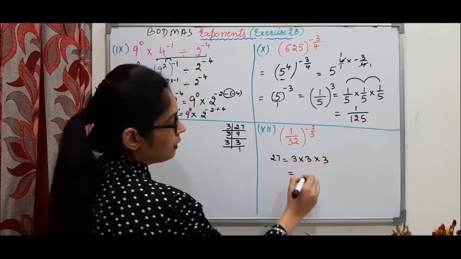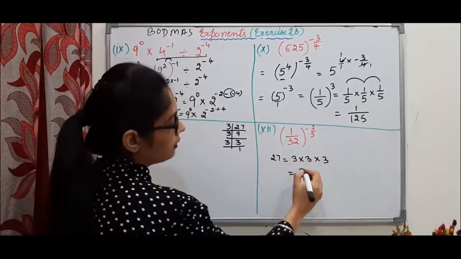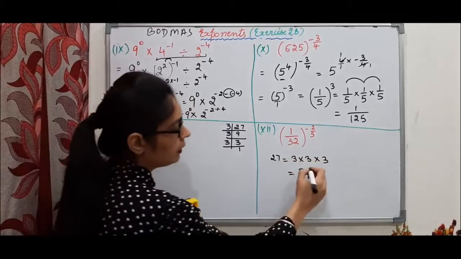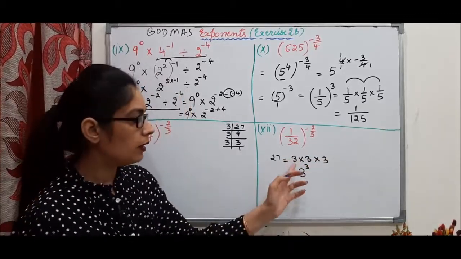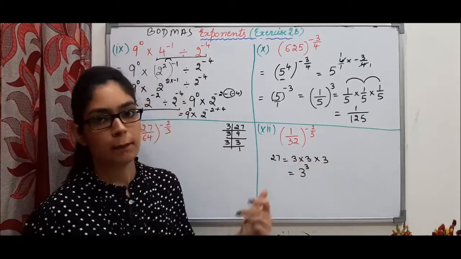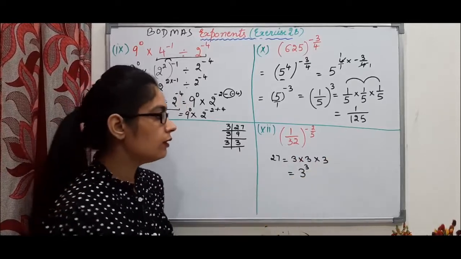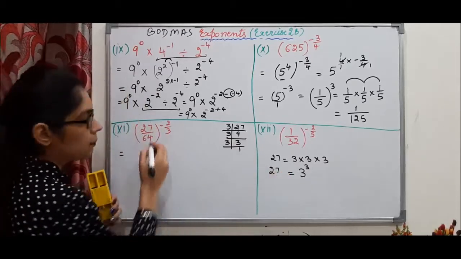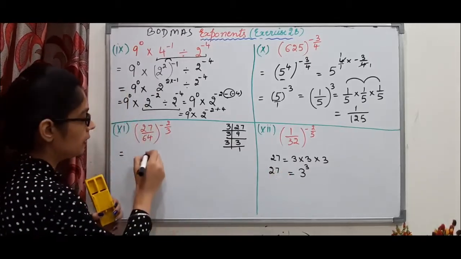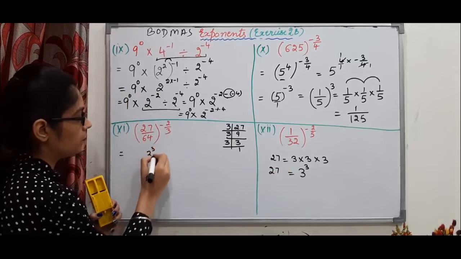In exponential form, it will become 3 to the power 3. See how many numbers we write, 1, 2, 3, that number will become the power of that number. So 27 is 3 to the power 3. So in place of 27 we can write 3 to the power 3.